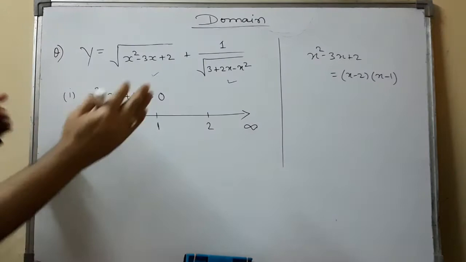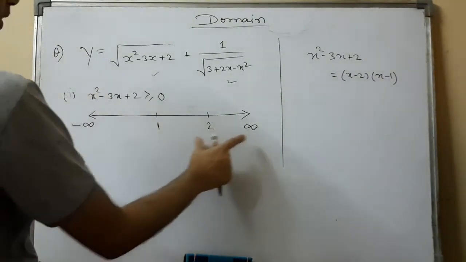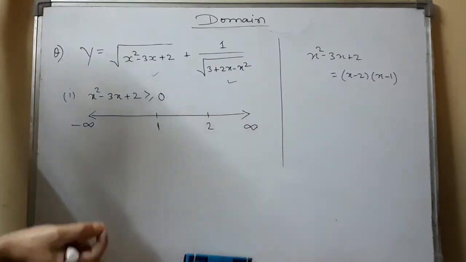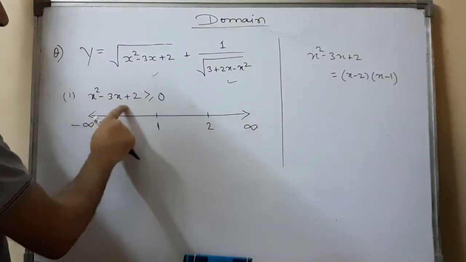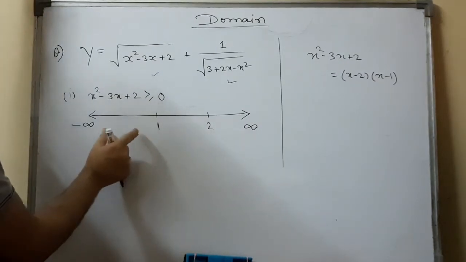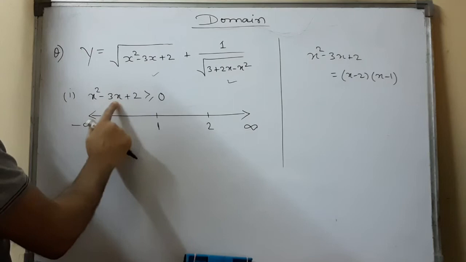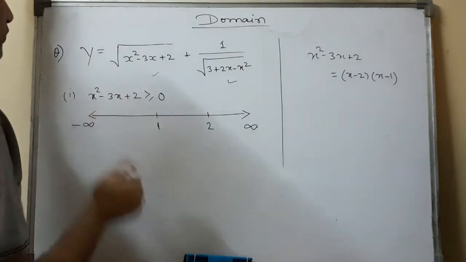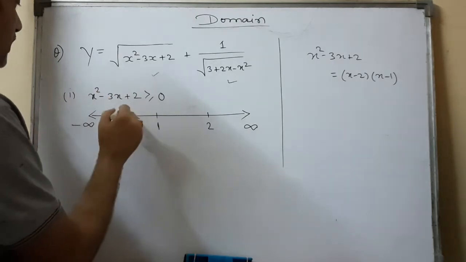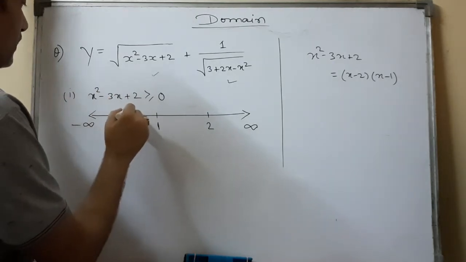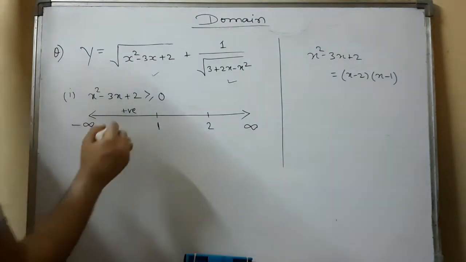Now the whole real line has been divided into 3 parts. Take any single real number from any of the parts and check it here. Let's say 0. I am taking 0 from here. Put it here: 0 minus 0 plus 2, which is positive, which means if you take any real number from this subinterval, this expression will remain positive here.